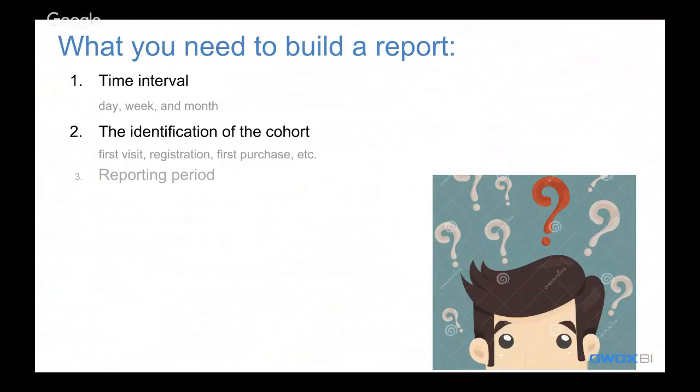For example, in order to retain users and calculate the retention rate, cohorts can be formed by first visiting the site or registering or installing the application. To determine lifetime value, cohorts are created by the time of purchase.